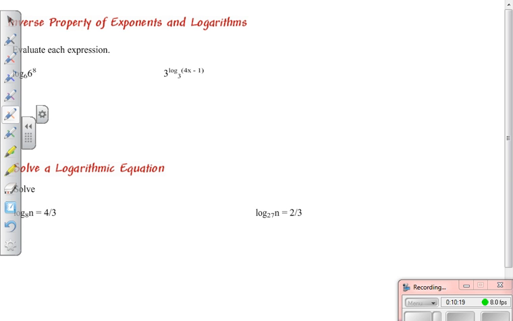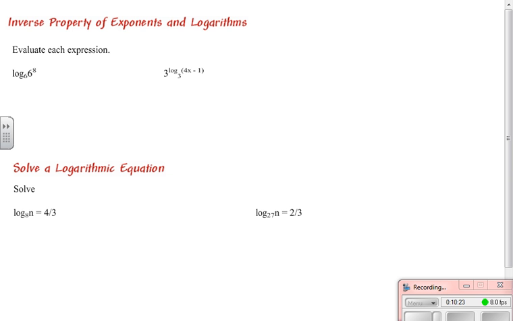So if we're going to continue to evaluate these, there's kind of a trick: the inverse property. Now remember, inverses are our undoing operations, our opposite operations. So addition and subtraction are inverses. Multiplication and division are inverses. They undo each other. Exponents and logs are opposite operations.